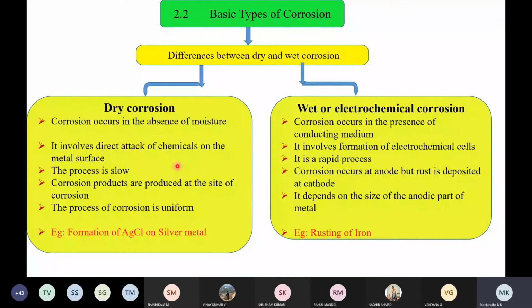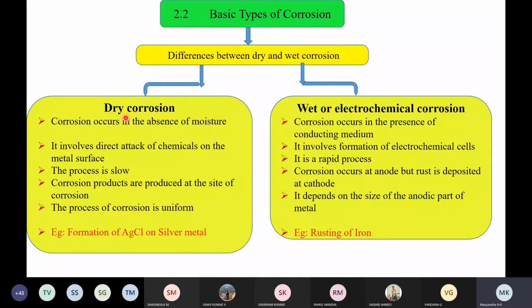These are the two types of corrosion observed when a metal is exposed to the surrounding environment. Any metal, once exposed to the environment, undergoes corrosion in two ways, either dry corrosion or wet or electrochemical corrosion.